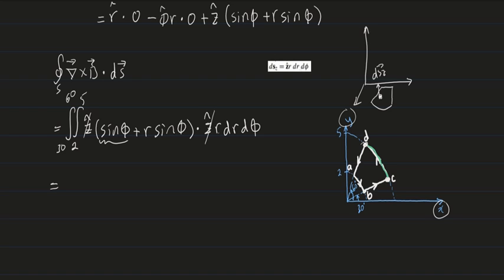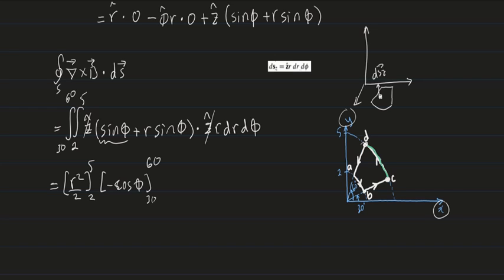So r, integration of r is r square over 2, and you need to be careful with your integration to get it right. And sine phi, integration of sine phi is minus cosine phi, and this is going to be integrated from 30 to 60.